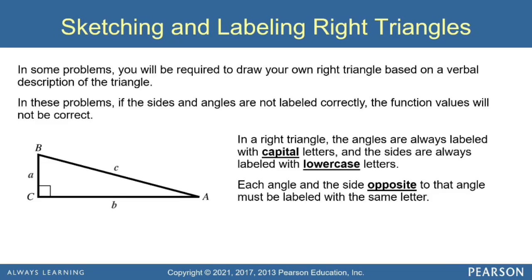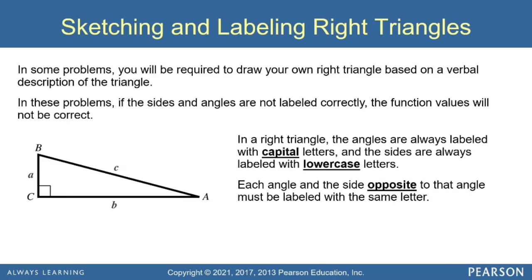And so we're going to take angle A and look for the side opposite to that, and that should be labeled lowercase a. And then for angle B, the side opposite to that should be labeled with a lowercase b. And for angle C, of course, the side opposite that is the hypotenuse, and that should be labeled with a lowercase c.